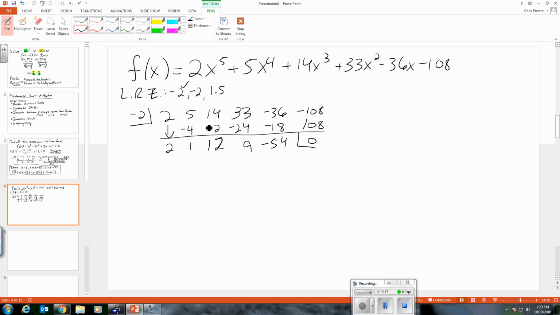And now I'm going to do my second -2 with this answer. So I'm not going to go back to the original problem. I've already divided this by an x minus 2, and I've gotten all this. So now I'm going to knock an x minus 2 out of that part. So I'm going to say -2, skip that.